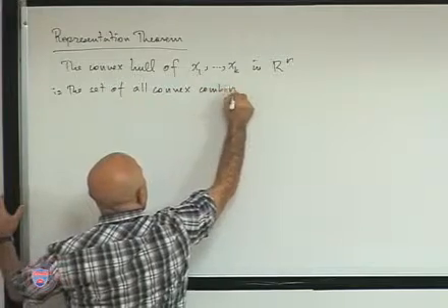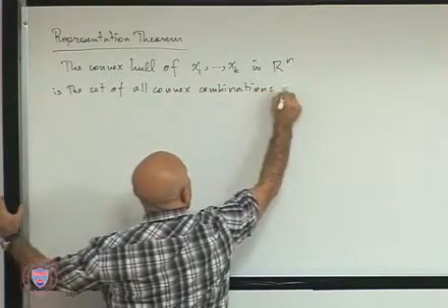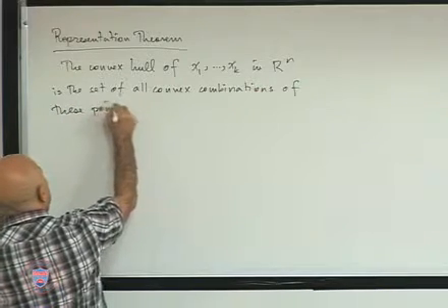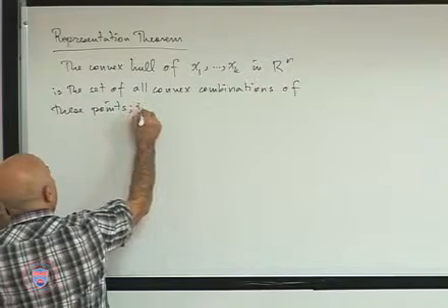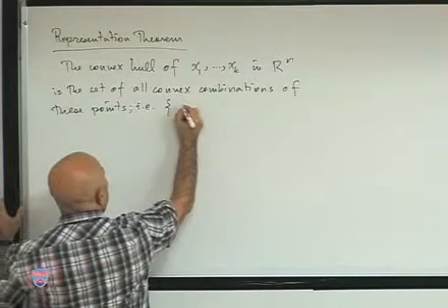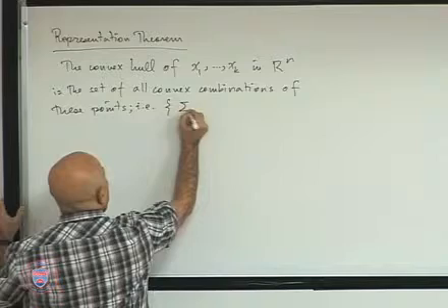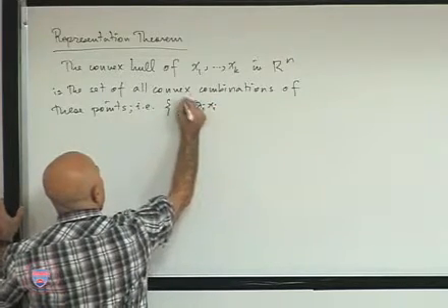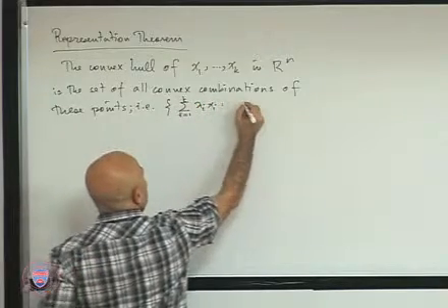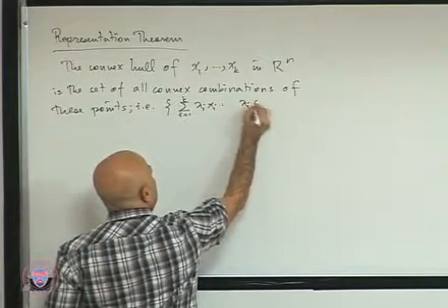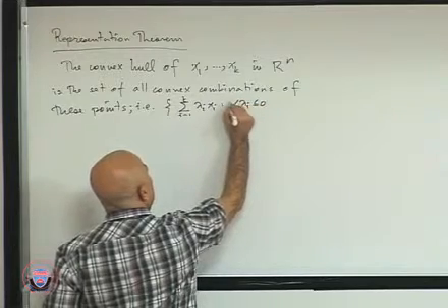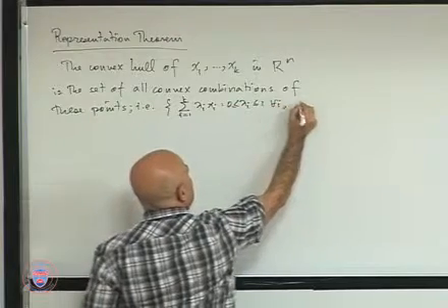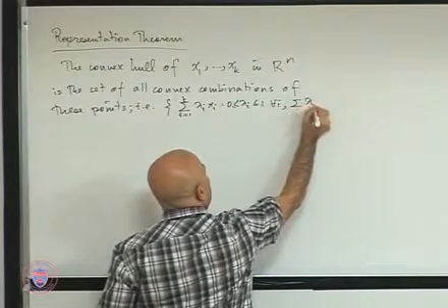combinations of these points. So we're talking about the set of points of the form lambda_i x_i, where lambda_i is a number between 0 and 1 for every i, and the lambda_i add up to 1.